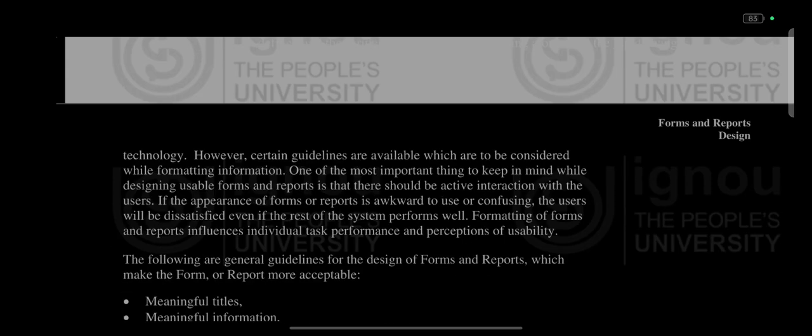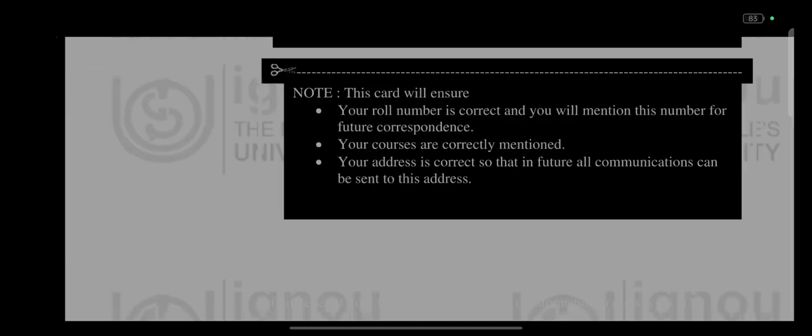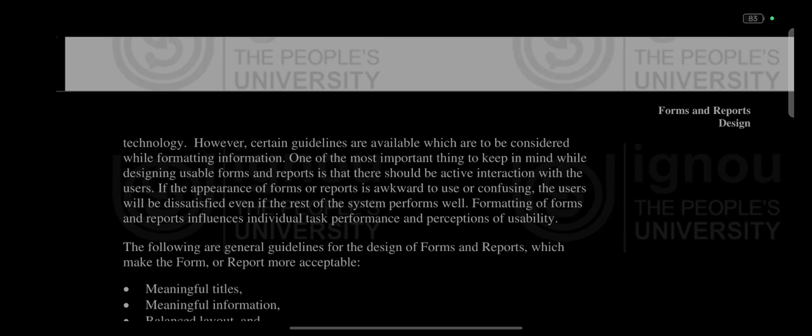However, certain guidelines are available which are to be considered while formatting information. One of the most important things to keep in mind while designing usable forms and reports is that there should be active interaction with the users. If the appearance of forms or reports is awkward to use or confusing, the users will be dissatisfied even if the rest of the system performs well.